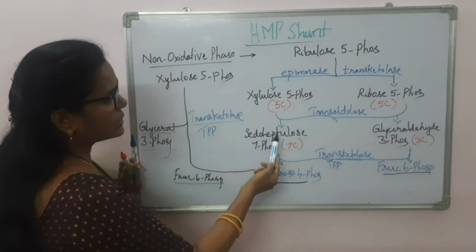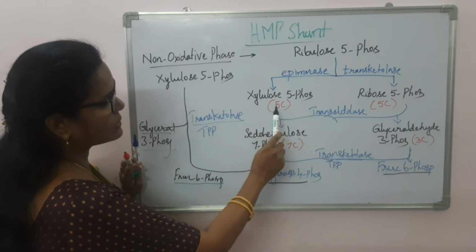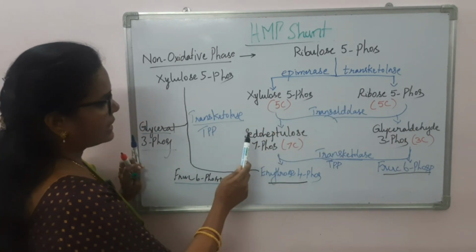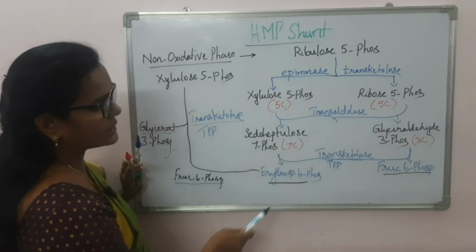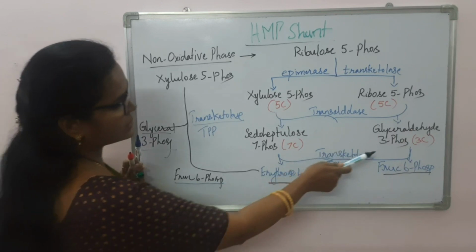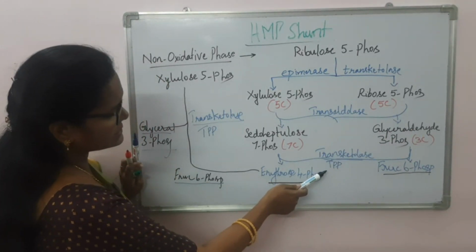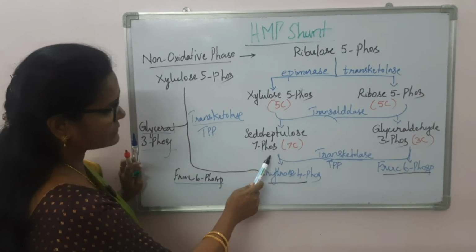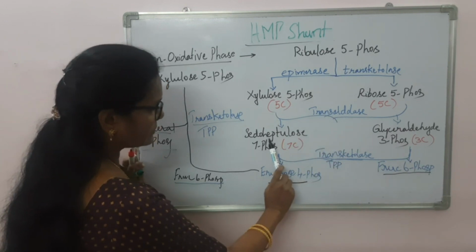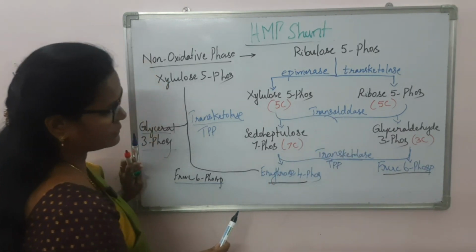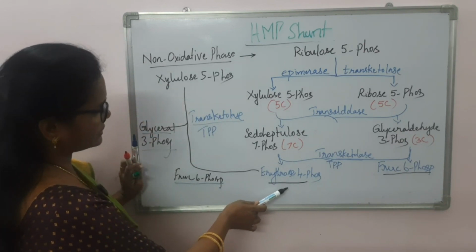And then transaldolase acts on xylulose 5-phosphate and transfers its 2-carbon moiety to ribose 5-phosphate and forms sedoheptulose 7-phosphate, and the remaining 3 carbons are going to be formed as glyceraldehyde 3-phosphate. Then transketolase enzyme acts on sedoheptulose 7-phosphate and transfers its 2-carbon moiety to glyceraldehyde 3-phosphate, and it forms fructose 6-phosphate and erythrose 4-phosphate.